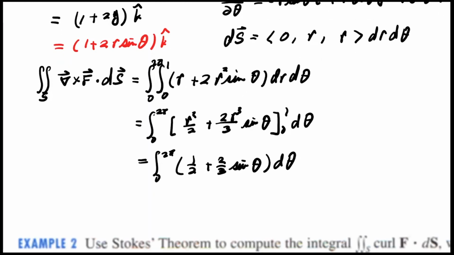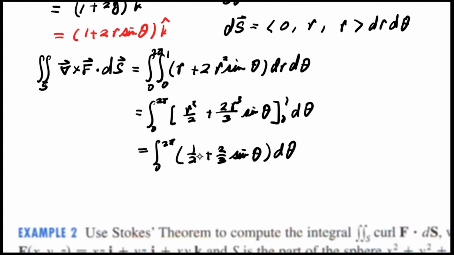Okay, once again, our usual trick. Just do it. 1/2 theta plus minus 2/3 cosine theta. Okay? And here's the usual trick. 2 pi, 0. This is the same thing.